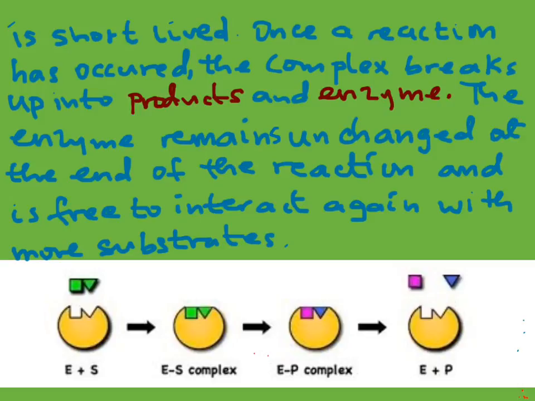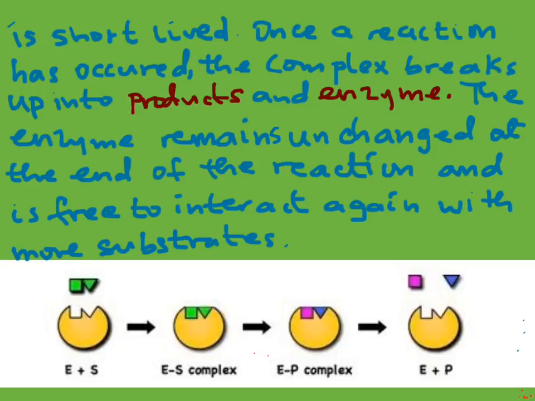When you look at this diagram, it gives you a summary of what we have been talking about. You have 4 different diagrams here. The first one shows the structure of the enzyme and the structure of the substrate.